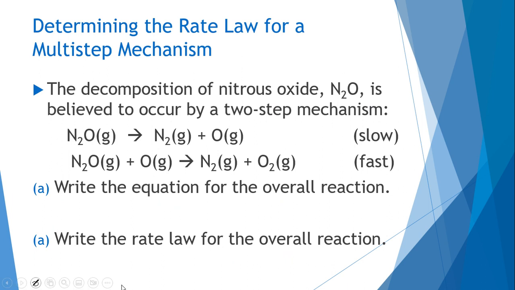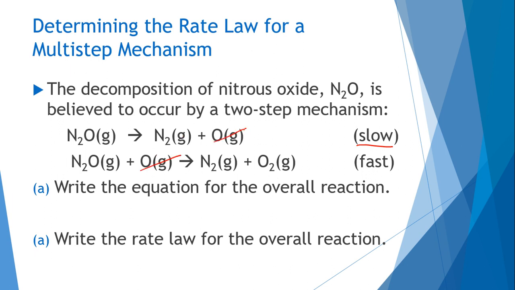Here we can have another one. It says the decomposition of nitrous oxide, or N2O, is believed to occur by a two-step mechanism. Here it's showing me that the rate determining step is the first one by showing that it is the slow step. So it says write the equation for the overall reaction. So we're going to go ahead and cancel what is the same on both sides.